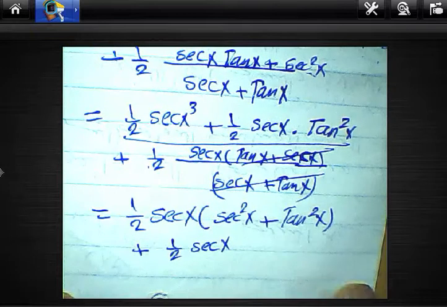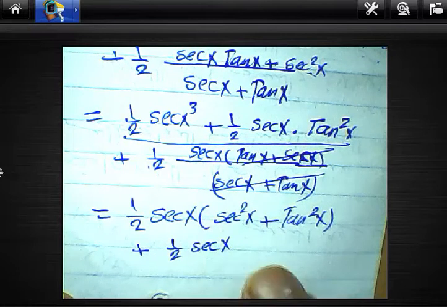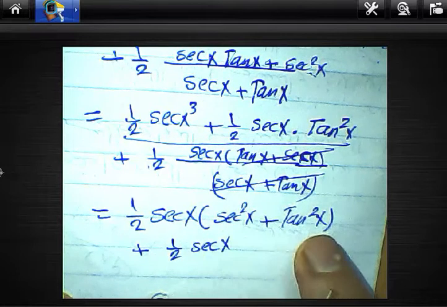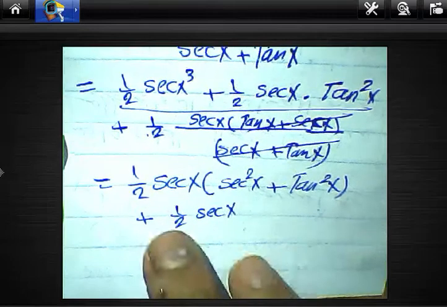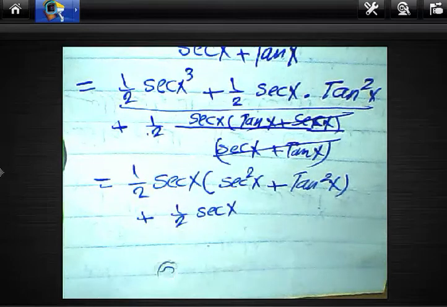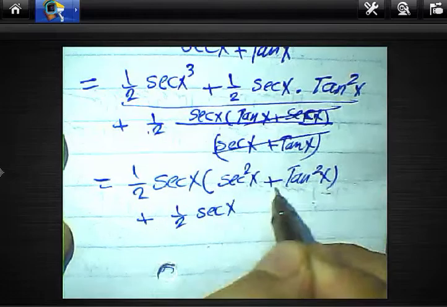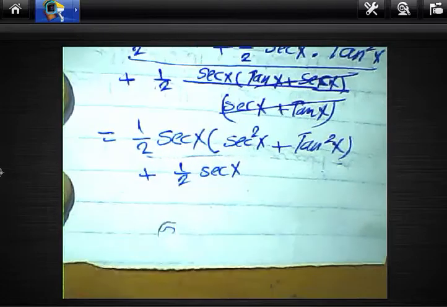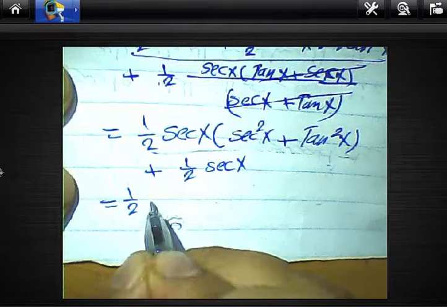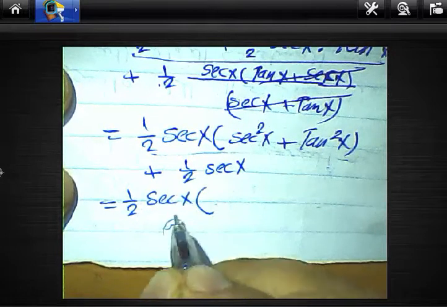We know sec power 2 x plus tan power 2 x. We can write half sec x here between two terms. We have now two terms, okay, it's the first term, it's the second. We write half sec x as a coefficient between two terms.